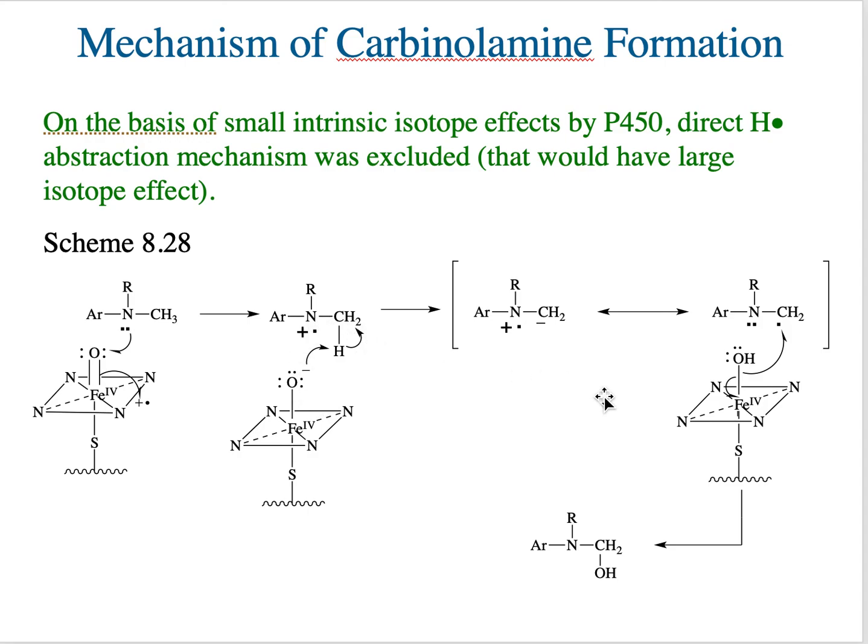It pulls that proton off, and that's how we go from this radical ylid structure to a formal CH2 radical, and that's going to cause the bond scission that gives us our carbinolamine.